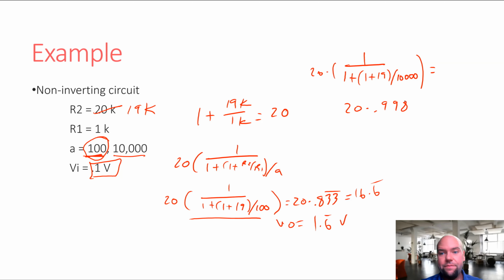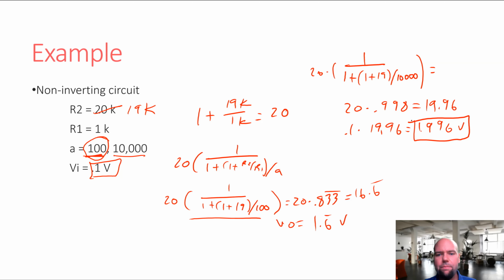So that's a lot better. That's going to be 19.96. And so if our input was 0.1 volts, 0.1 times 19.96 is going to be 1.996 volts.